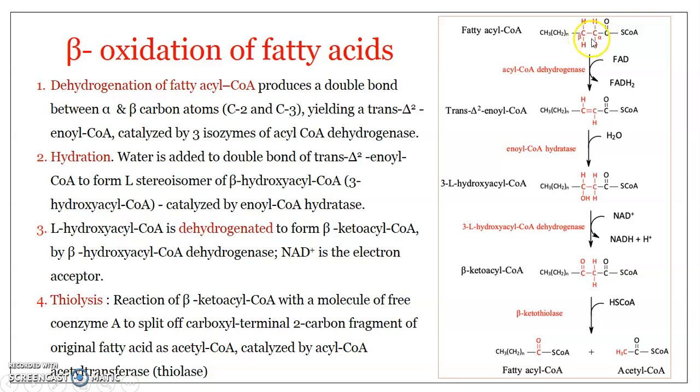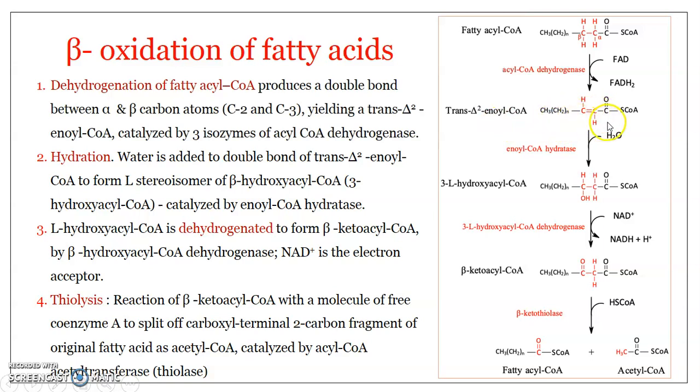And this undergoes dehydrogenation with the help of the oxidizing agent, the coenzyme FAD, which gets reduced to FADH2. So FAD is the electron acceptor, or we can say the hydrogen acceptor. And what is produced? It is an enoyl compound, because there is a double bond over here, so it is trans-enoyl coenzyme A. A double bond is produced.